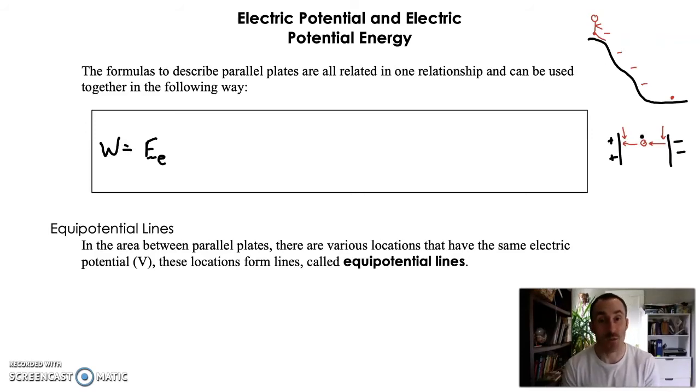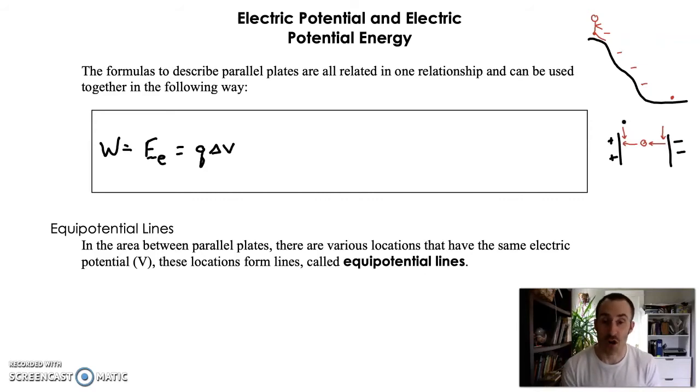Okay, so we can say that work done is equal to the electric potential energy of a charge at some location. We also know that electric potential energy is charge times potential difference. Okay, so the potential difference is the difference in potential from this position to this position, or any position, and the amount of charge that you have is also going to play a role in how much energy it has.